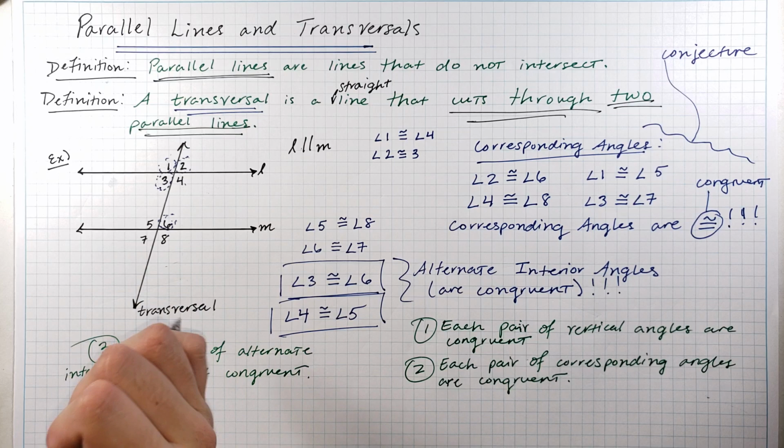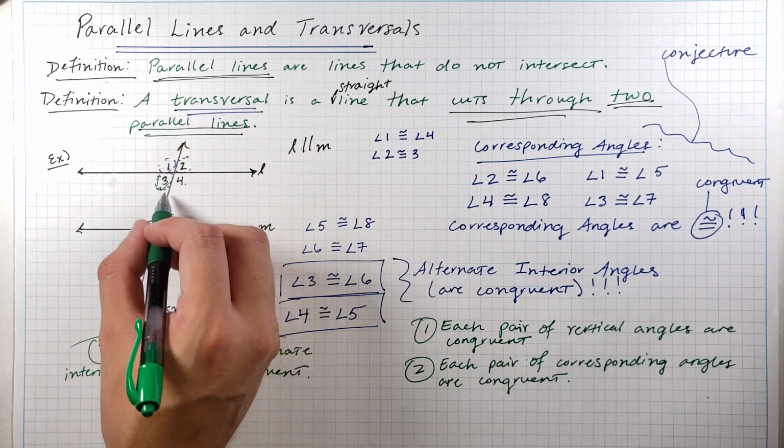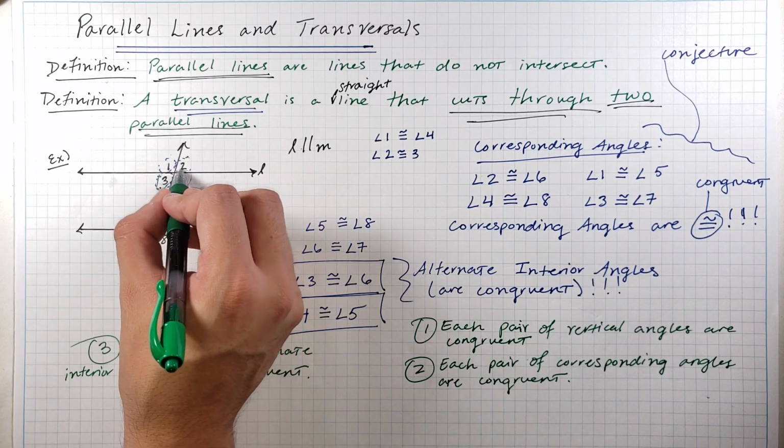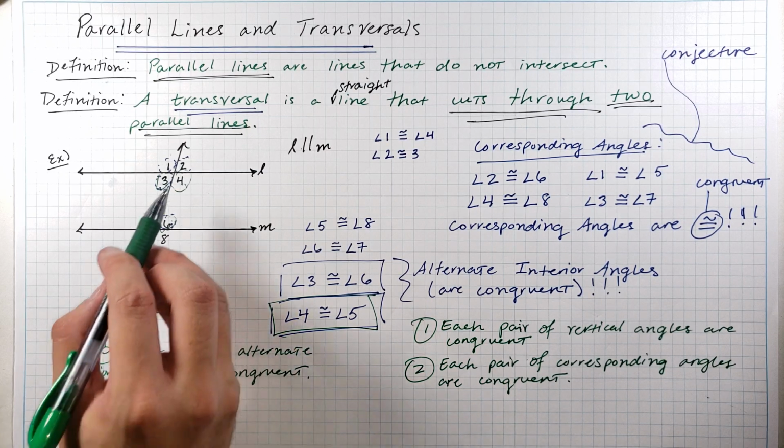All right, we have alternate interior angles. We have angle 3 and angle 6 are alternate interior, and then we have angle 4 and angle 5, from this one, are alternate interior.